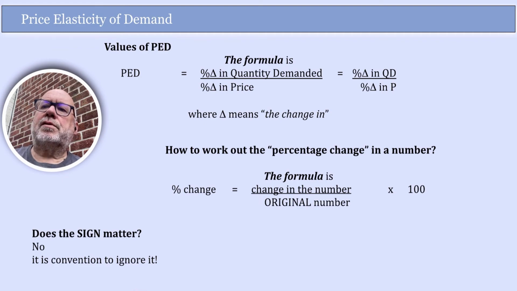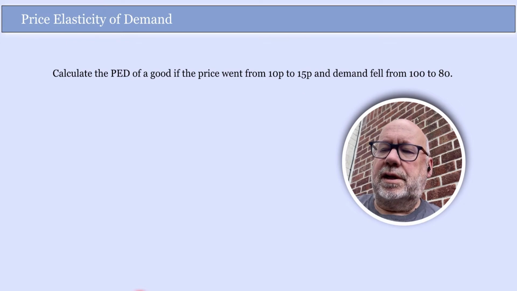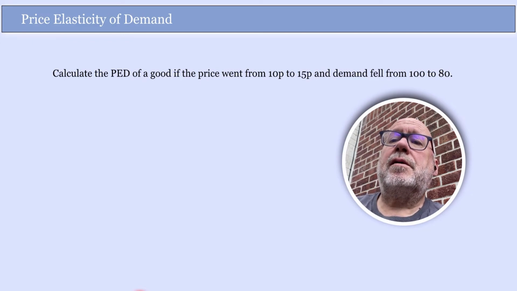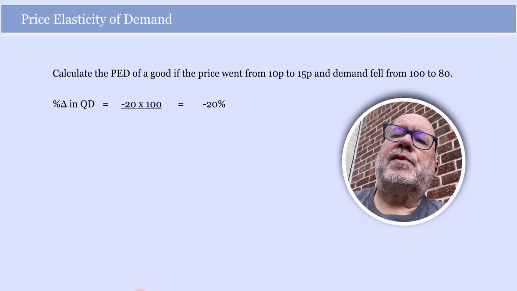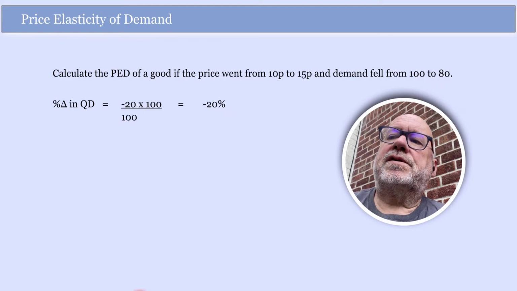I'll give you an example of how you work these things out. If the price goes from 10 to 15 and demand goes from 100 to 80, see if you want to stop the video, see if you know what's going to be the value of the PED. This is how you would work it out. The percentage change in demand is the change, minus 20, goes down 20, divided by the original 100, multiplied by 100 to give us a percentage.